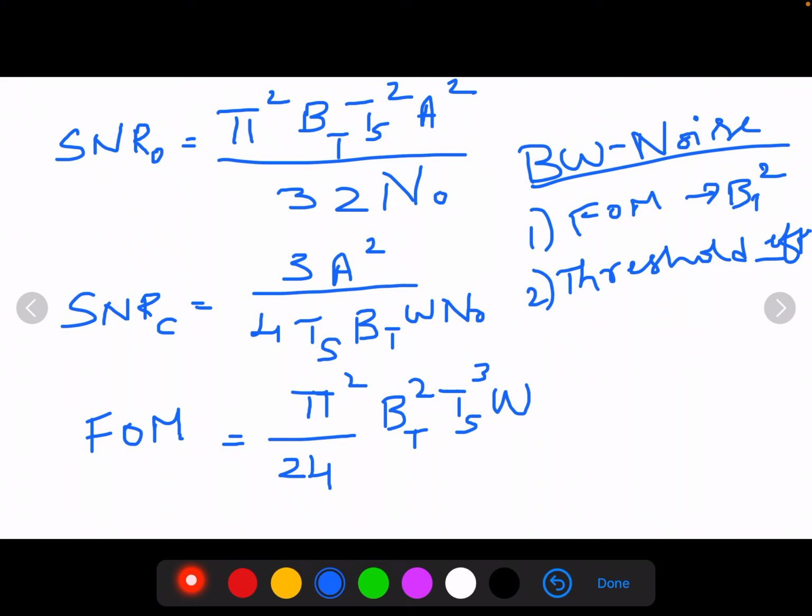So the practical implication of point 1 is that in terms of trade-off of increased transmission bandwidth for improved noise performance, the best we can do with the continuous wave modulation and analog pulse modulation is to follow a square law.